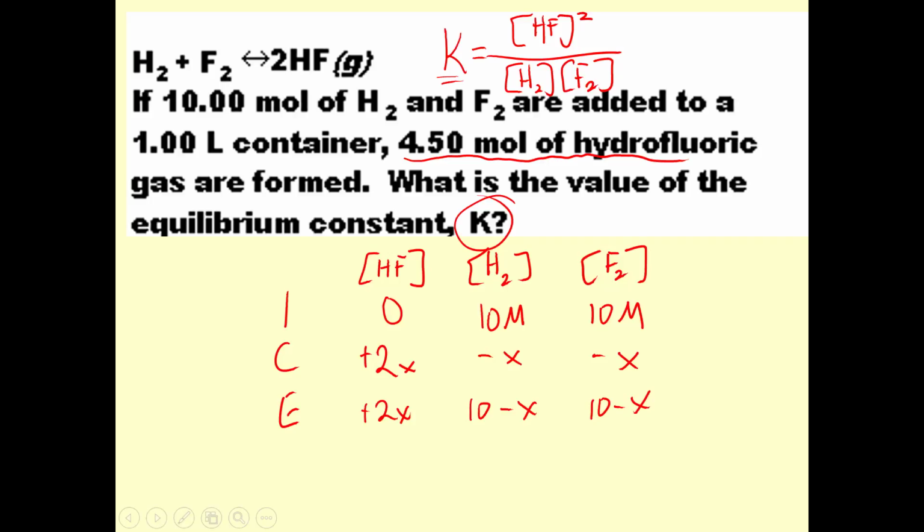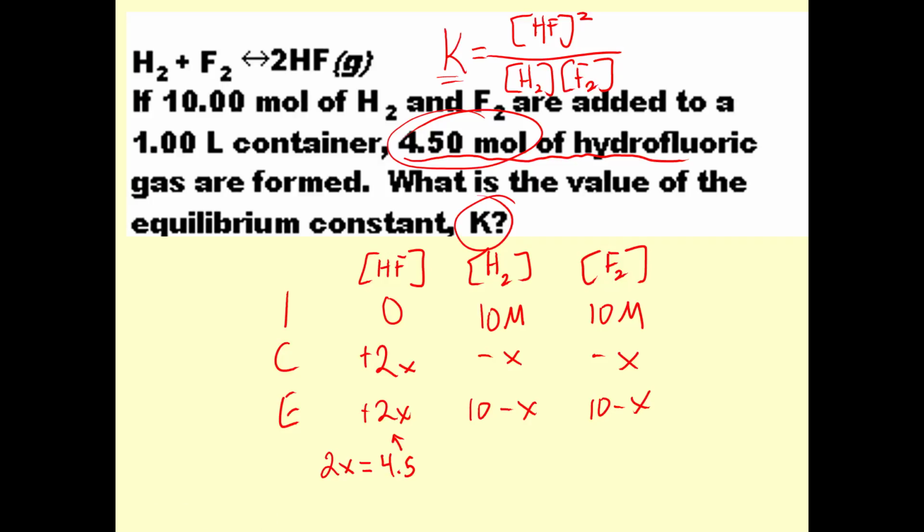But I have some information in this problem that can help me. I know at equilibrium, there's 4.5 moles in every 1 liter of HF. So I already know 2X equals 4.5 molar, because that's how much it makes.